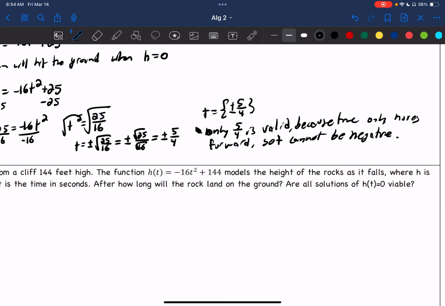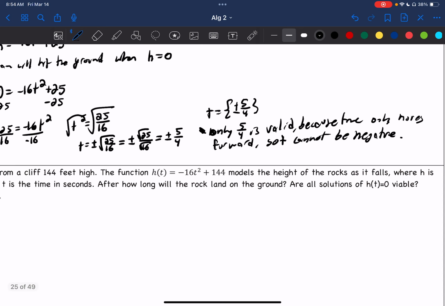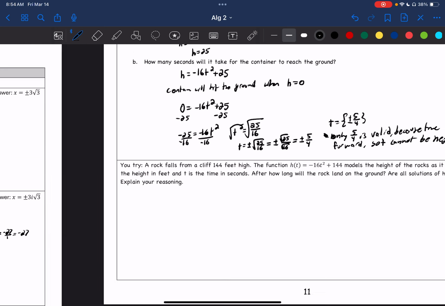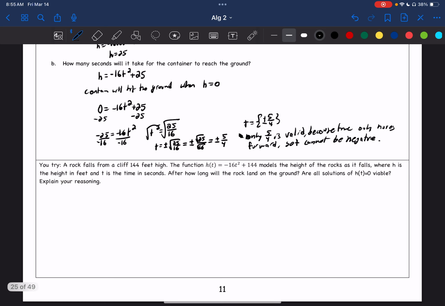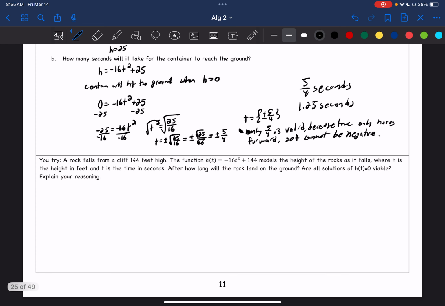If we start at t is equal to 0, it makes sense for time to get bigger. It doesn't make sense for time to become negative. Right? When time passes, time is only going to increase. So we're only going to look at the positive solution. So we're going to say 5/4 seconds or 1.25 seconds. Right? That's how long it's going to take the egg to reach the ground.